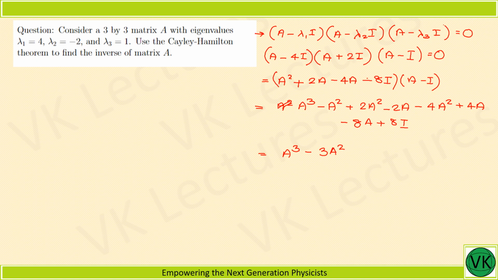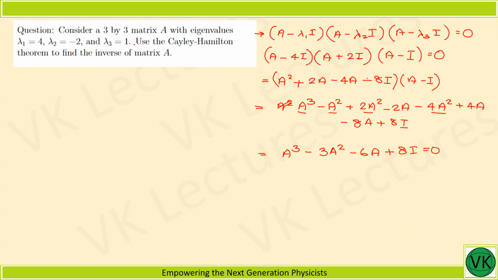Now we need the coefficient of A. This is minus 2 plus 4 minus 8, which gives us minus 6A plus 8I equal to 0.